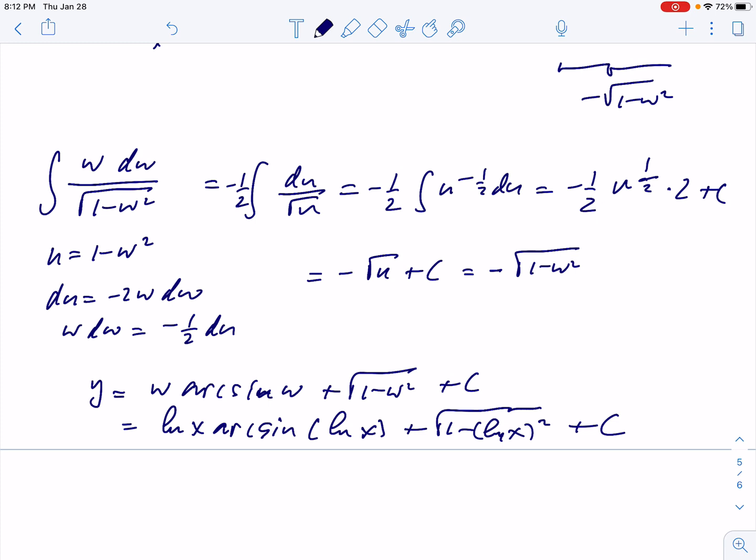Well, that's it. That's how this goes. And what was funny in this situation here, we had to use different letters for substitution and for the formula. You can use other letters, of course, so just be careful to return to the original variable at the end.